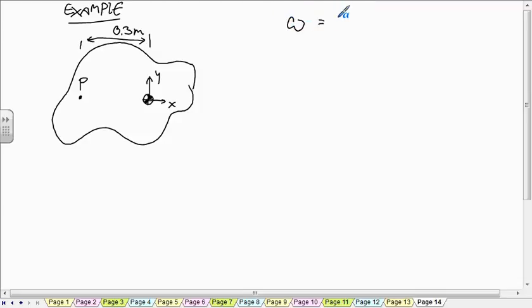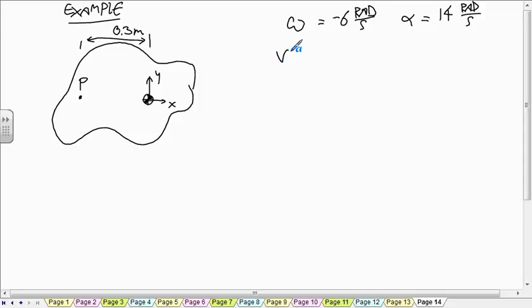The angular velocity is -6 radians per second. The angular acceleration is positive 14 radians per second squared. And this thing isn't rotating around a fixed point like a hinge. It's rotating about the center of mass.